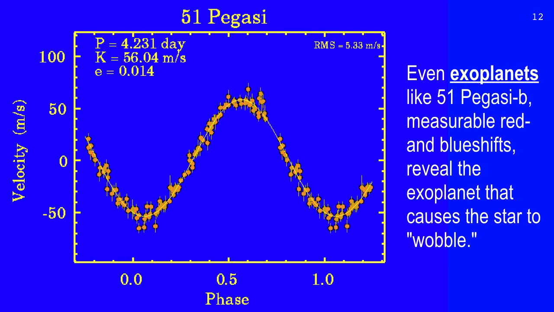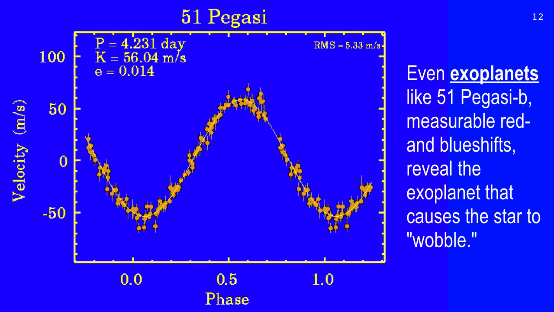When we see this, we know that all the hydrogen and helium are getting shuttled back and forth. Not very big. But 56 meters per second is like 100-something miles an hour, max.